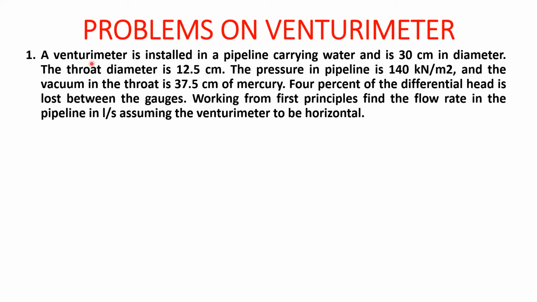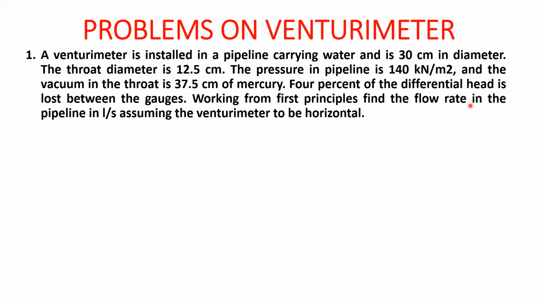The question is: a venturimeter is installed in a pipeline carrying water and is 30 centimeter in diameter. The throat diameter is 12.5 centimeter. The pressure in the pipeline is 140 kilonewton per meter square, and the vacuum in the throat is 37.5 centimeter of mercury. 4% of the differential head is lost between the gauges.